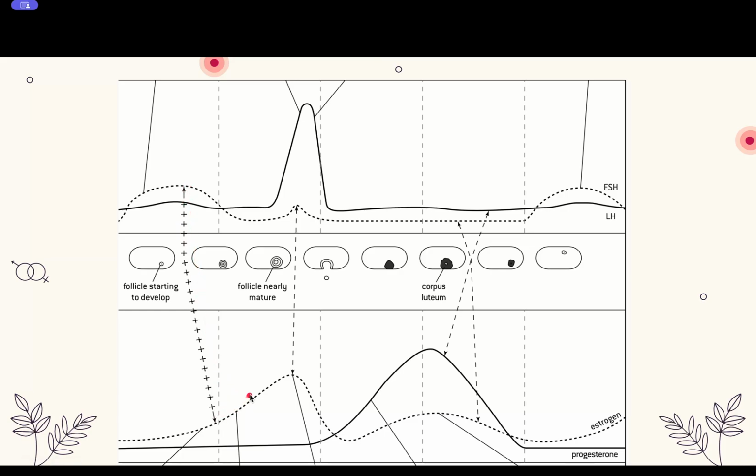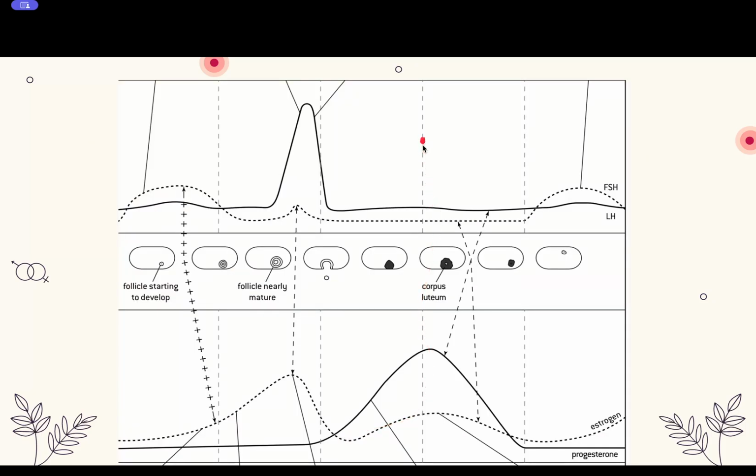However, after it reaches a certain level of estrogen, it becomes a negative feedback loop, because then it inhibits the FSH from being secreted. That's because the estrogen basically reaches its peak. That's where it's negative.